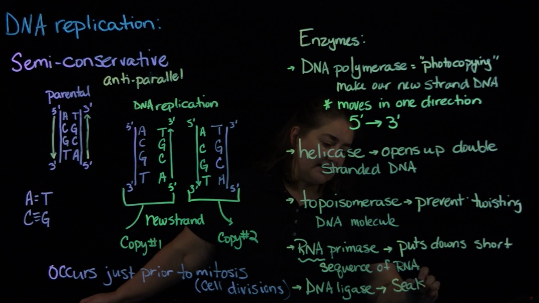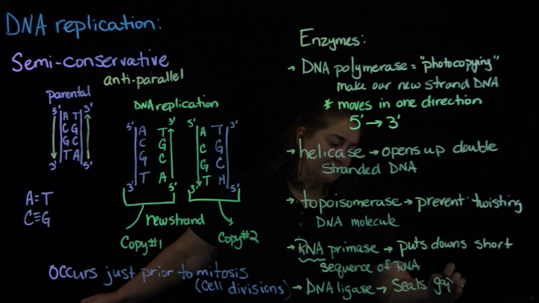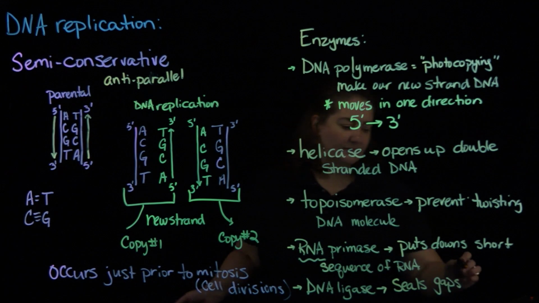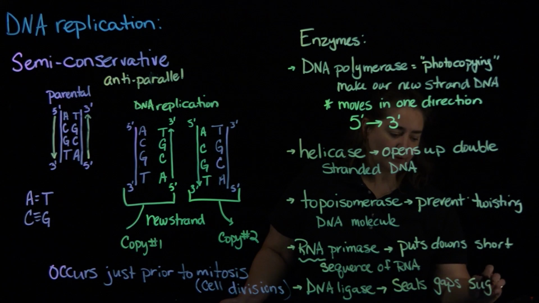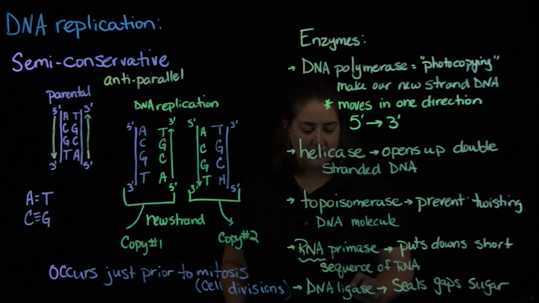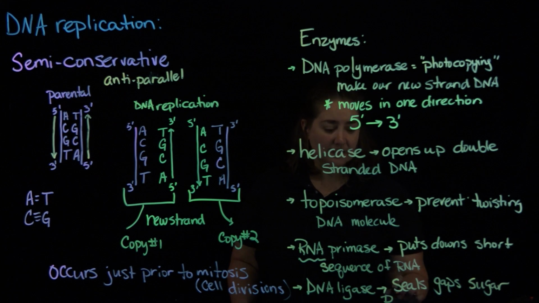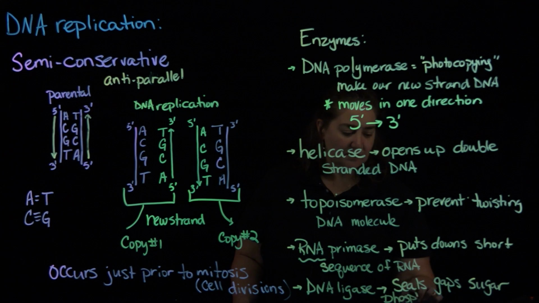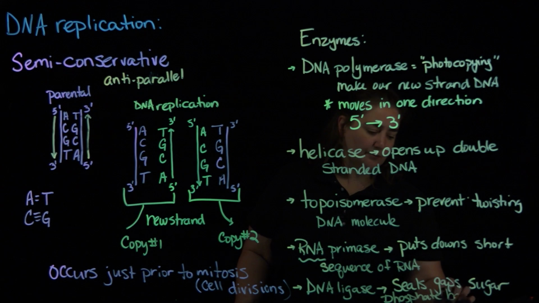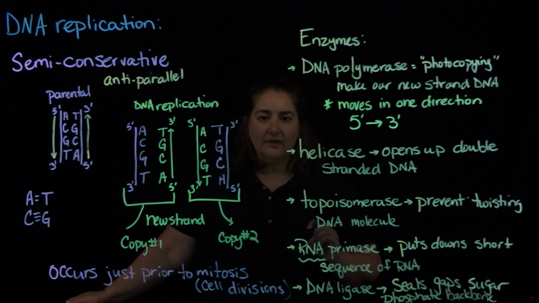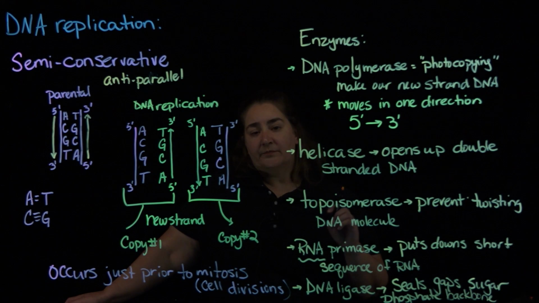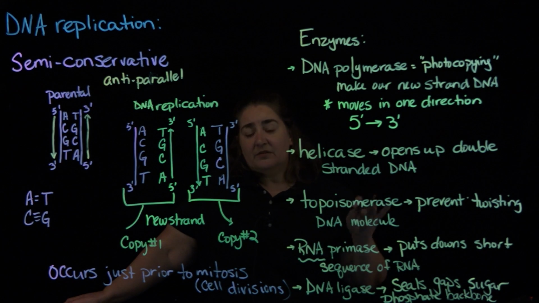The DNA ligase is going to fill those gaps in our sugar phosphate backbone. There are going to be a couple more enzymes and proteins involved in DNA replication, but I've run out of room here, so I'm going to introduce those in the next video.